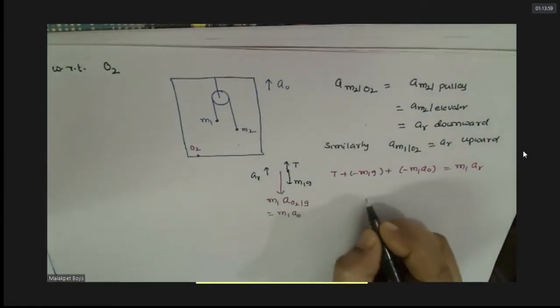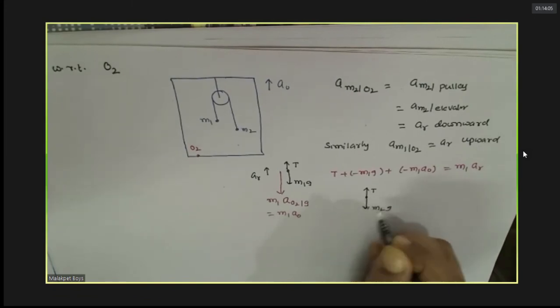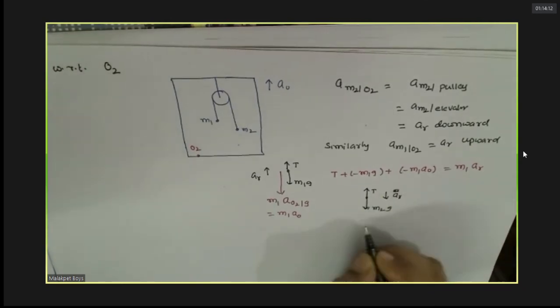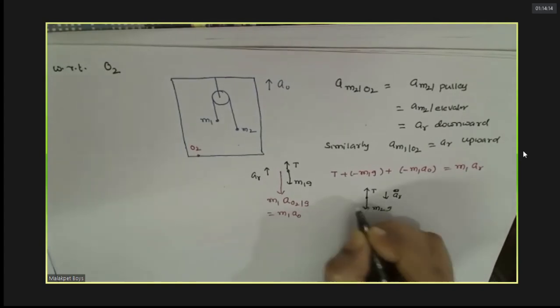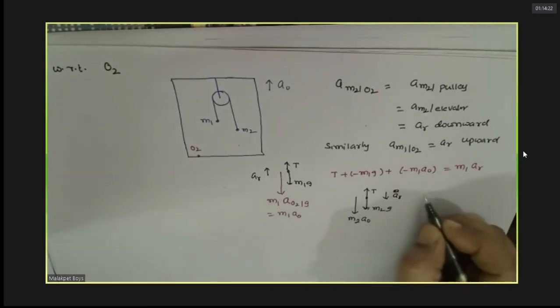The second one we have is this is T, M2G, into AR. Here there is a pseudo force in this. What is the pseudo force here? Follow this. So what is the equation you have?